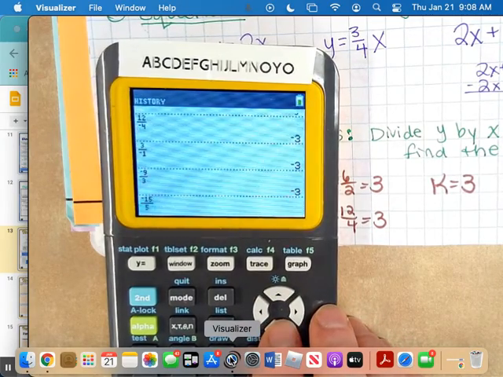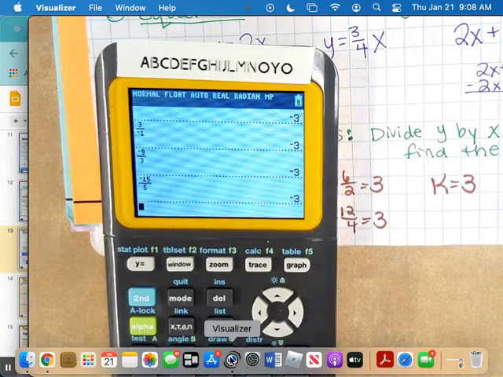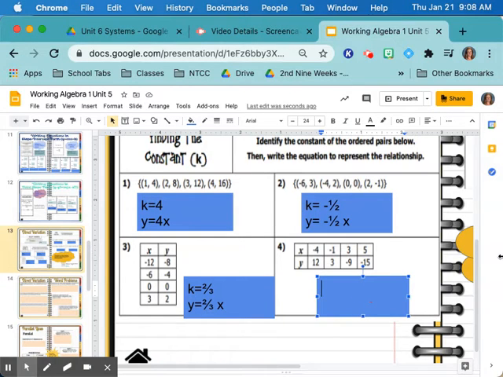Each time when we divide Y divided by X, it's negative 3. So negative 3 is our constant. And our equation is Y equals negative 3X.